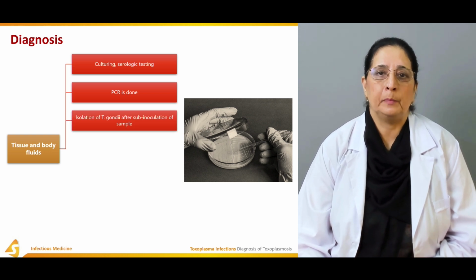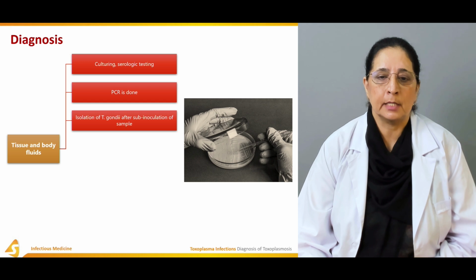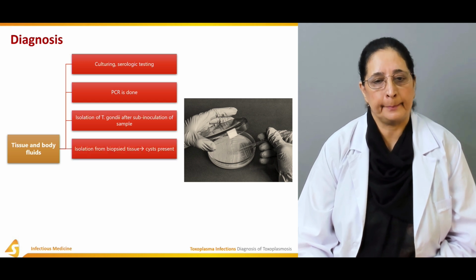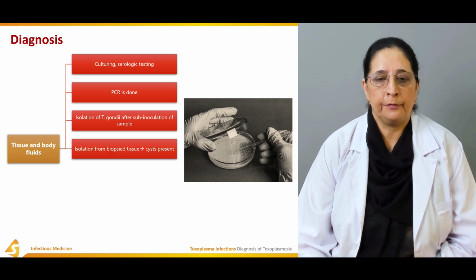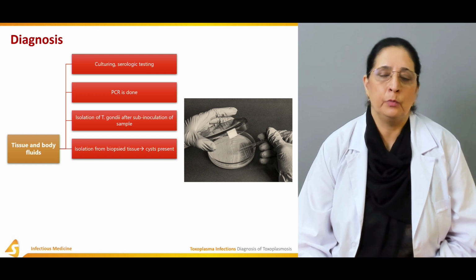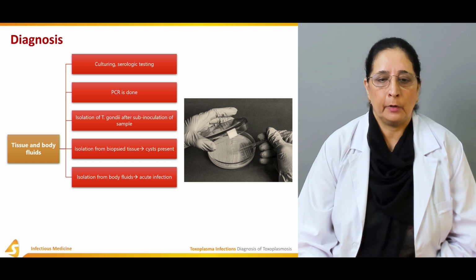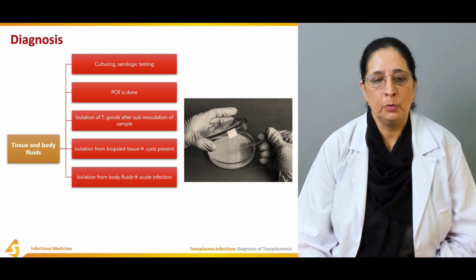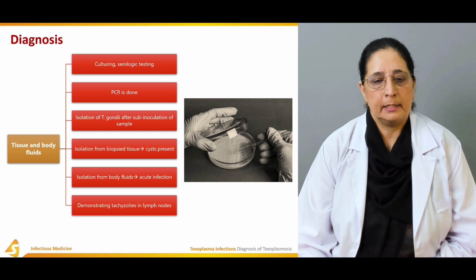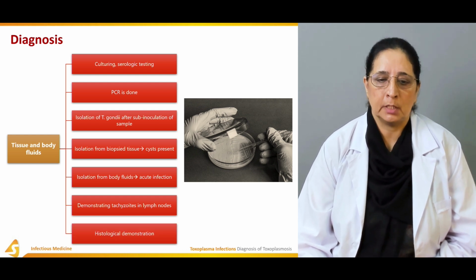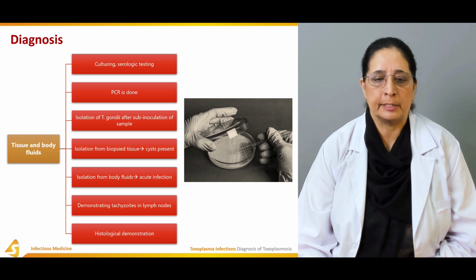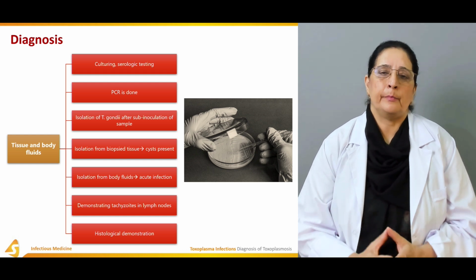Isolation of Toxoplasma gondii after subinoculation of the sample. From biopsy tissue we can usually see cysts. Isolation from body fluid indicates acute infection. Tachyzoites can be demonstrated in lymph nodes by histology. So different tests are performed.